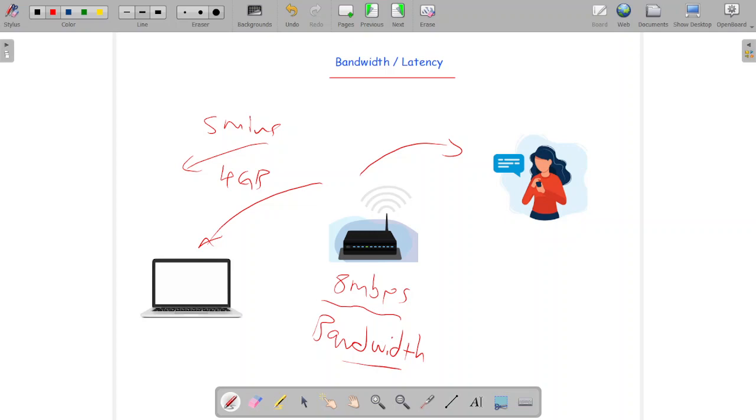But when it comes to latency, let's say you're trying to receive a message from your friend. Sometimes when you send a message to your friend, for example, hi, you'll notice that it will show only one tick. It means that you uploaded that data, but you cannot tell for sure that it's received by your friend unless you see another tick. When the other tick appears, it means that the data is downloaded.